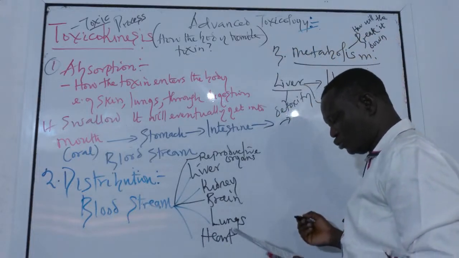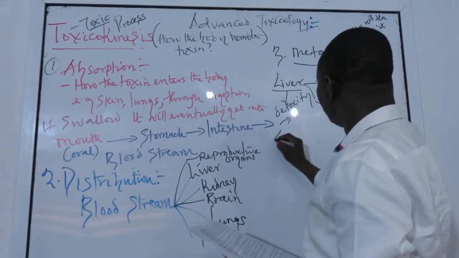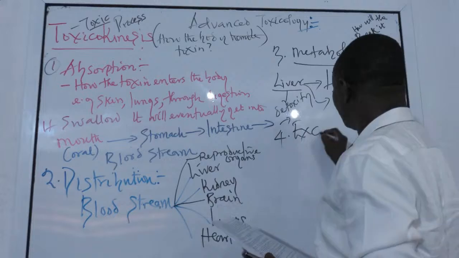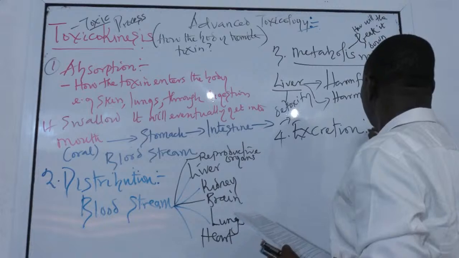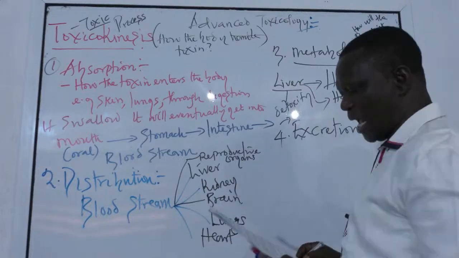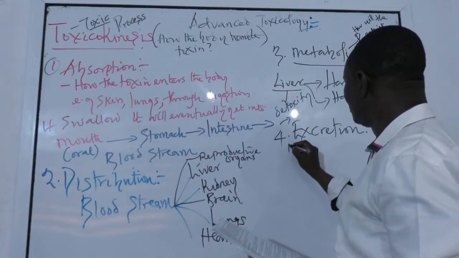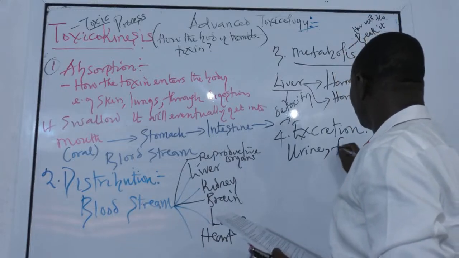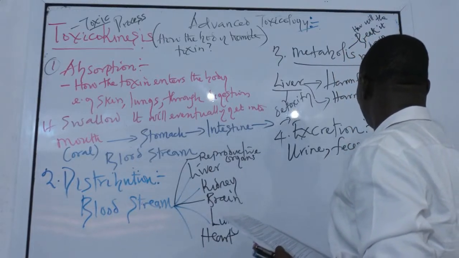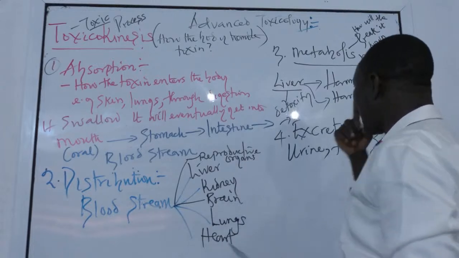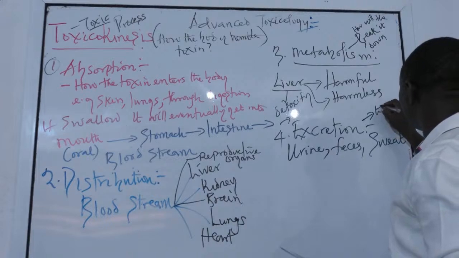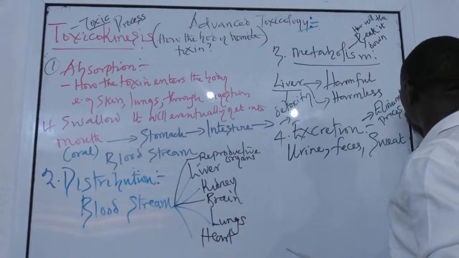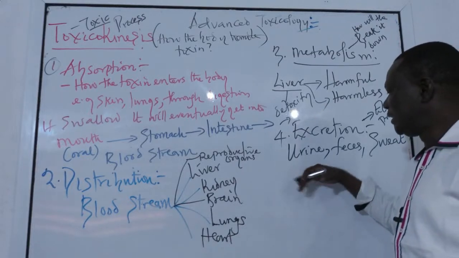Now the last stage is the stage of excretion. That has to do with how it is going to be passed out, through urine, feces, or in the form of sweat. That is, how the body will eliminate it, the elimination routes. Is it going to be through the kidney?